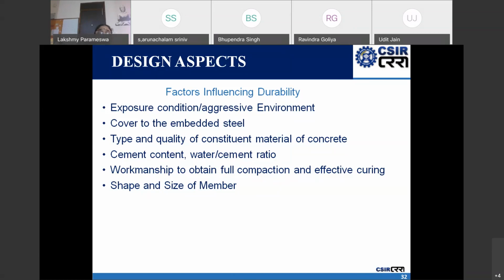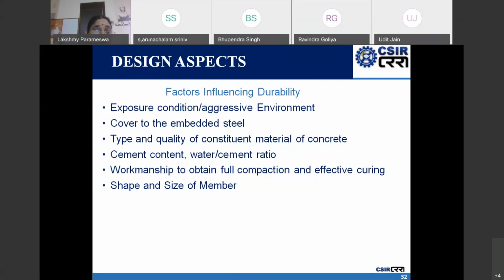Then type and quality of constituent material of concrete. I think when you start doing research with concrete, you will understand that the more you know about concrete, you feel that there are many, many gray areas with concrete, because there are so many chemical additives coming in the market, but we have to really understand how they really improve the quality of the concrete and how it has to be used, and how the mix design has to be done.